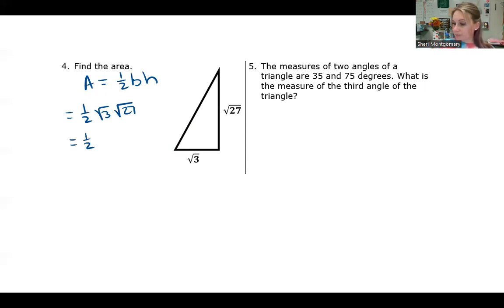And so when you do that, we get the square root of 81. Well, the square root of 81 is 9. So you end up with 9/2. So that's the same thing as 9 times 1 divided by 2.